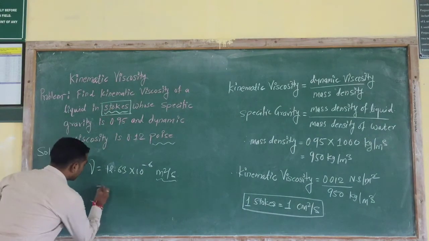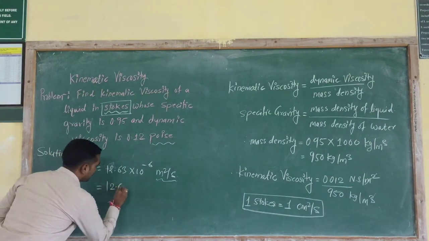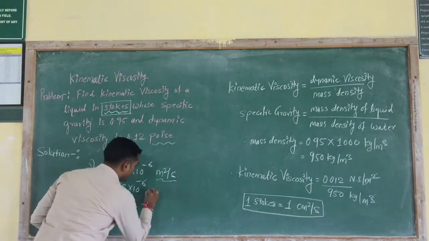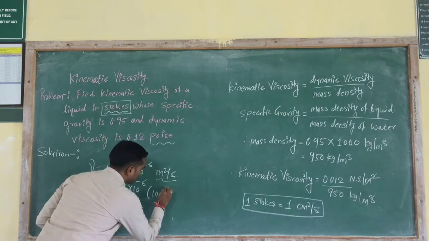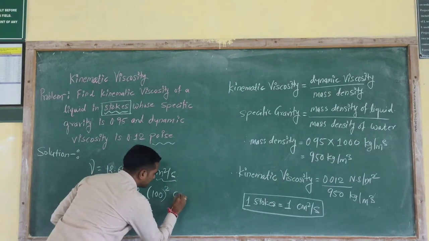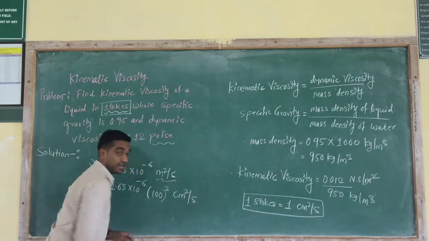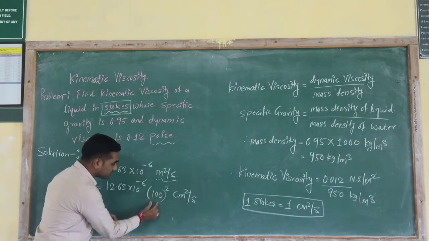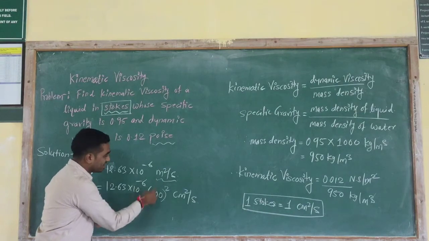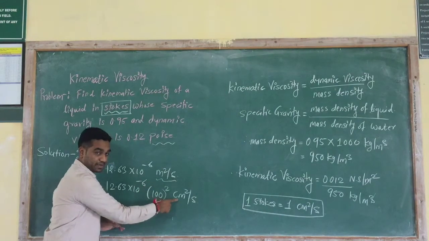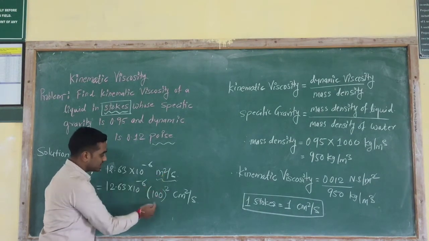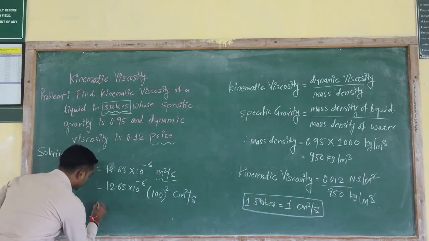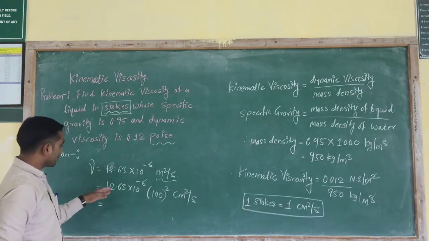That's why it becomes 12.63 into 10 to the power minus 6 into 100 square, and the unit is centimeter square per second. We convert meter into centimeter using the factor 100: 1 meter is equal to 100 centimeters, and since it is meter square, 100 square.